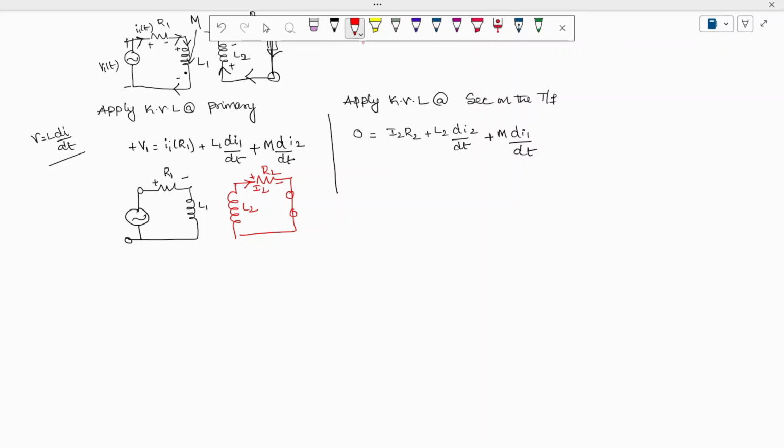This is positive, negative, and the dots are there at this end and at this end. The importance of the dot is it indicates the polarity of induced EMF.